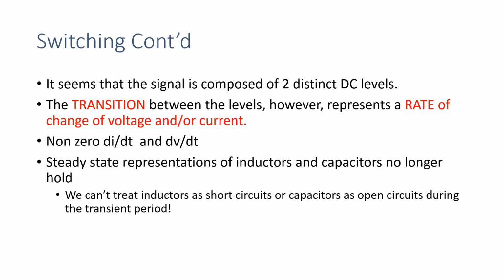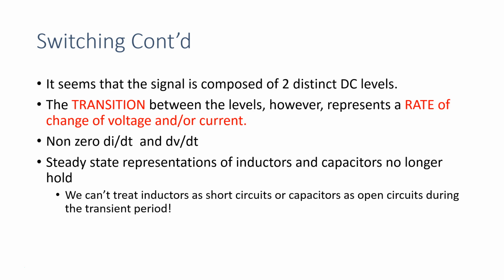So the transition between these levels really represents a rate of change of voltage or current, which means the di/dt and the dv/dt that we were using before when we looked at the steady state values of the inductors and capacitors, where the di/dt and the dv/dt was 0.